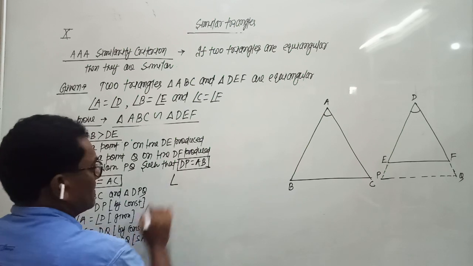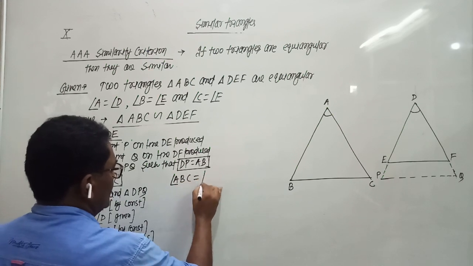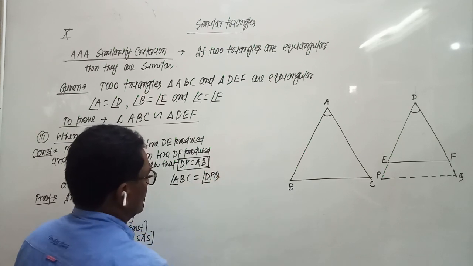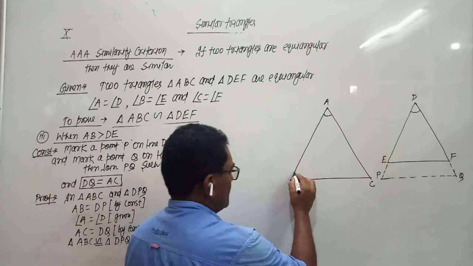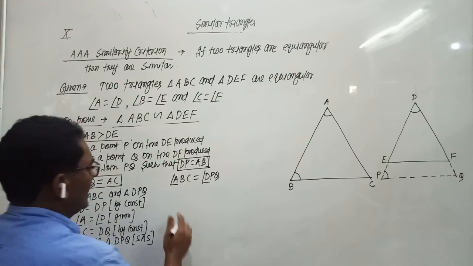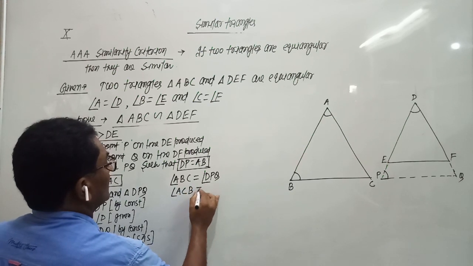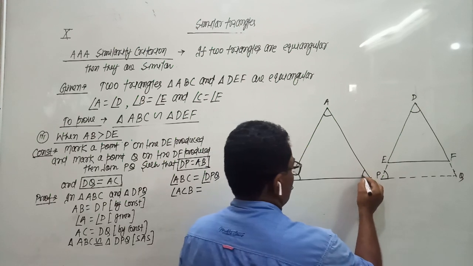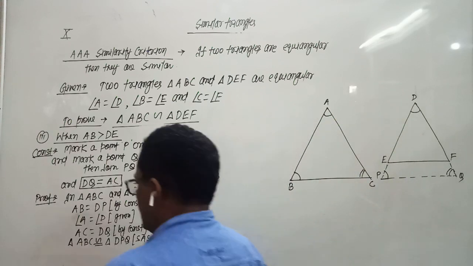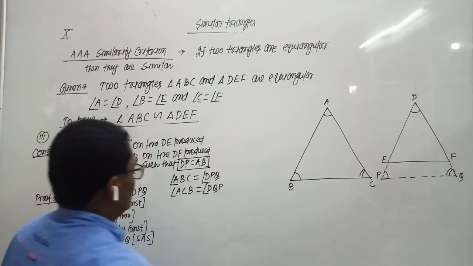So by CPCT, angle ABC is equal to angle DPQ, and angle ACB is equal to angle DQP.